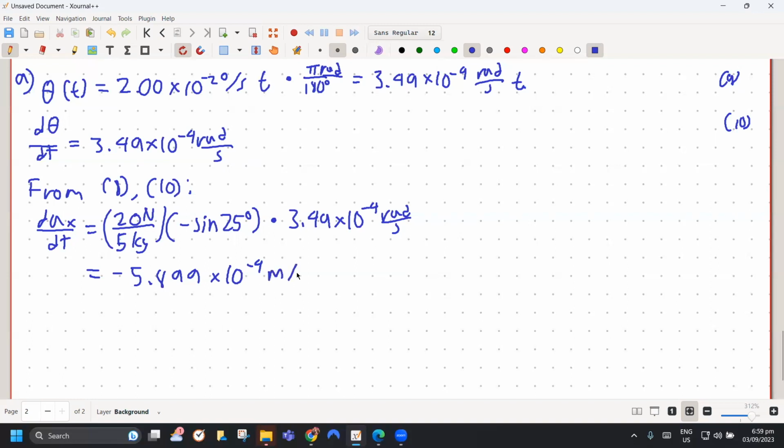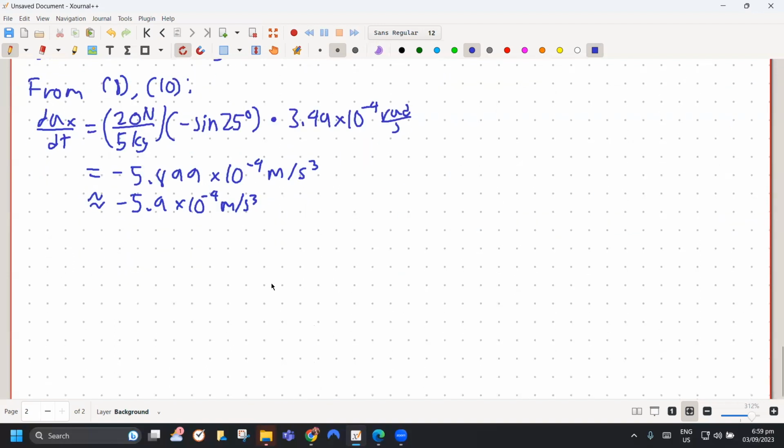Wait. So 5.9 times 10 to the negative 4 meters per second cubed. Negative. This is the jerk.